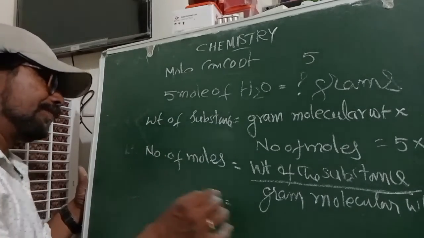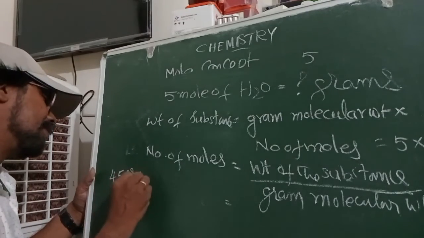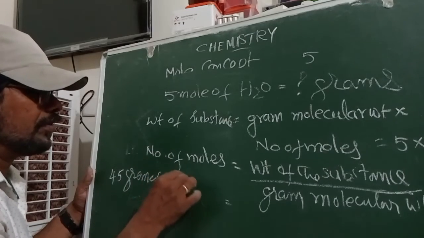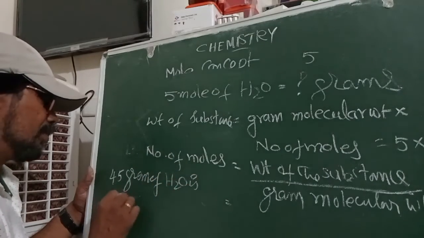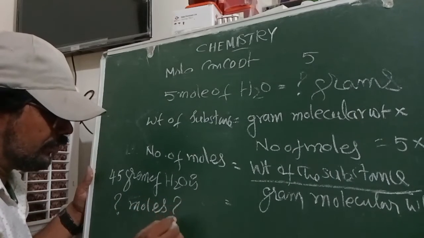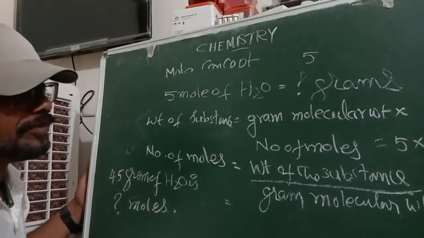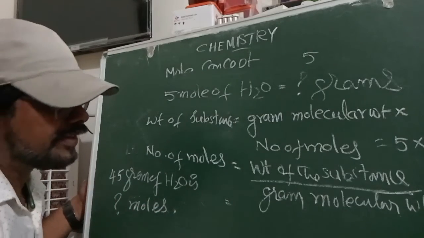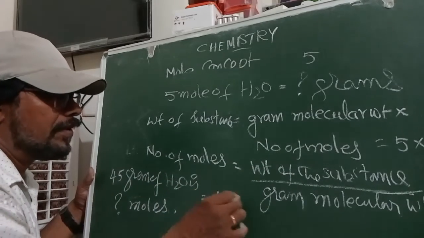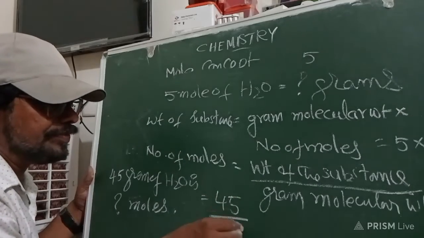Suppose 45 grams of H2O is how many moles? Then weight of the substance is 45 by gram molecular weight, which we already know is 18.